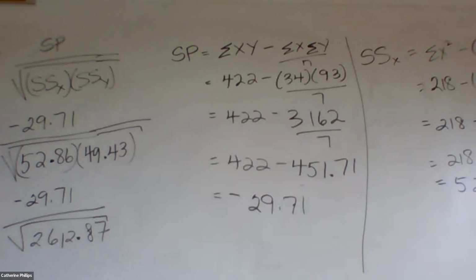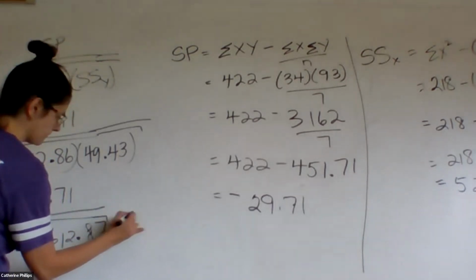Whatever this number is, it better be larger than 29.71. Because if it's smaller, then my correlation is more extreme than -1, and it can't be. If we get that, then we know that we've done something incorrect.